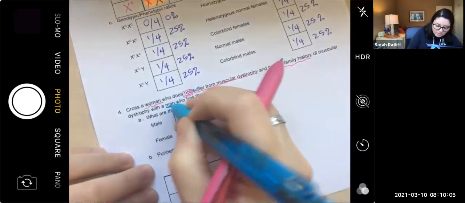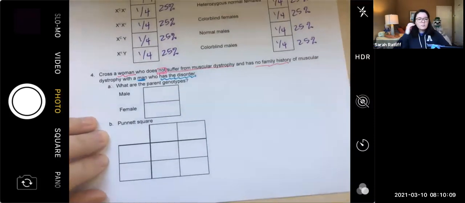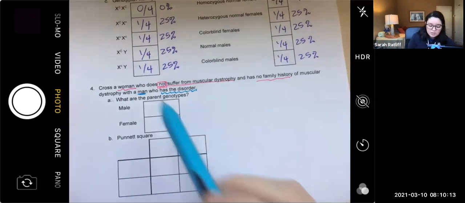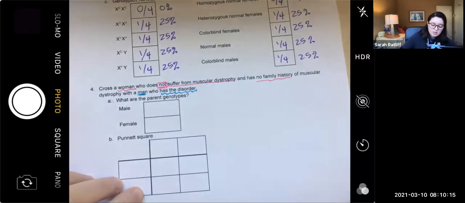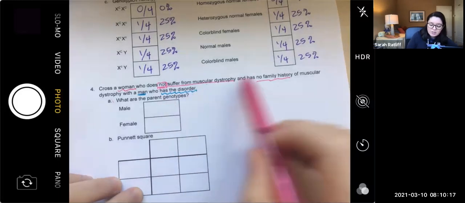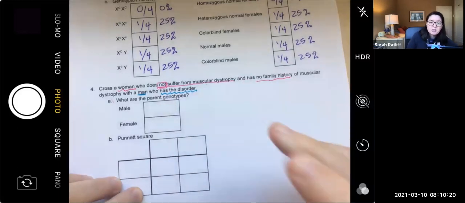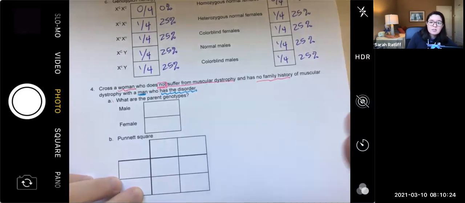So this man has the disorder. Okie doke. So our female, she does not have it. She does not have it, and she has no family history, meaning she doesn't have that recessive allele for muscular dystrophy because nobody has it. She can't get it if she hasn't had that gene passed down to her.